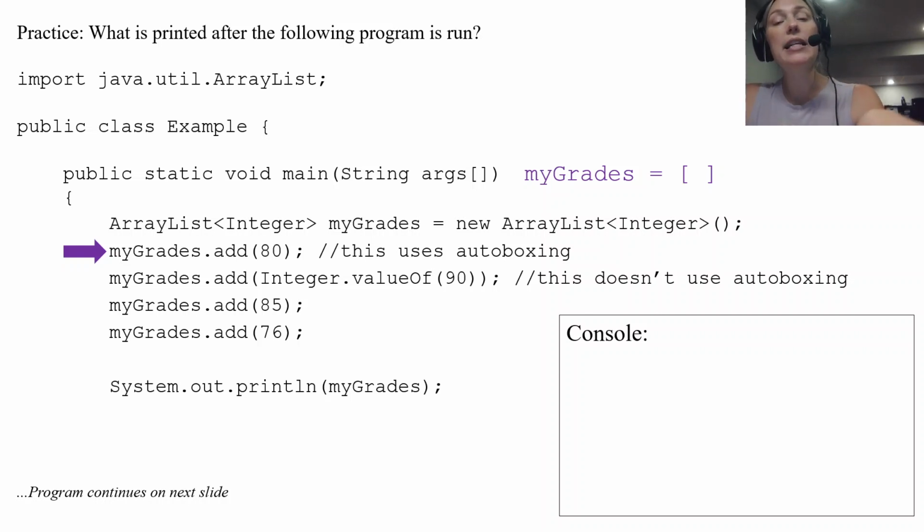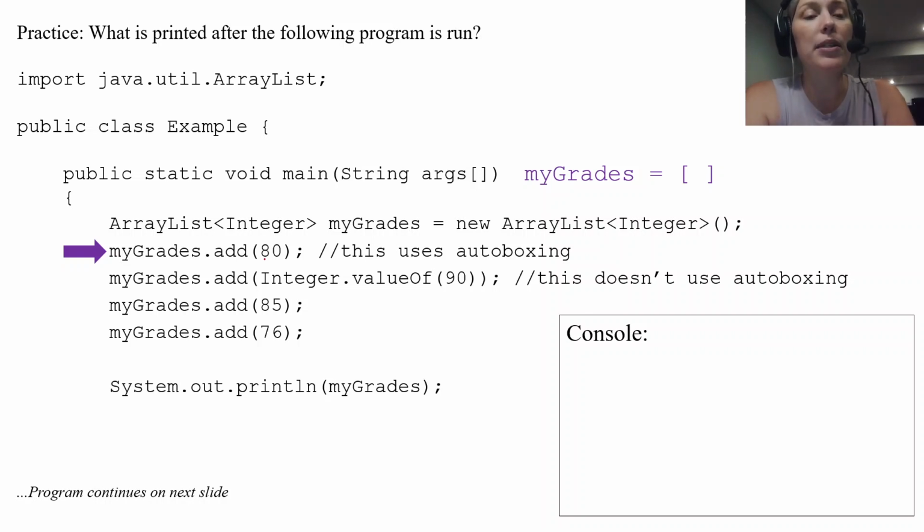This is an example of using autoboxing. We talked about autoboxing in lesson 1: an array list can only use objects, and if I want to use primitives in an array list, I have to box them up in their object classes. Luckily, Java uses autoboxing for us.